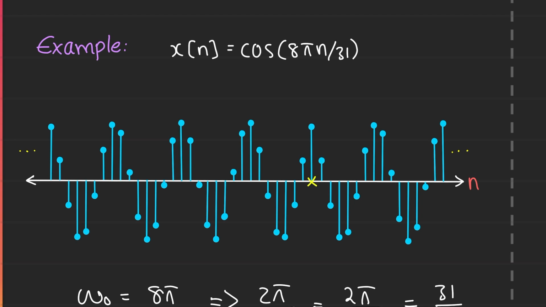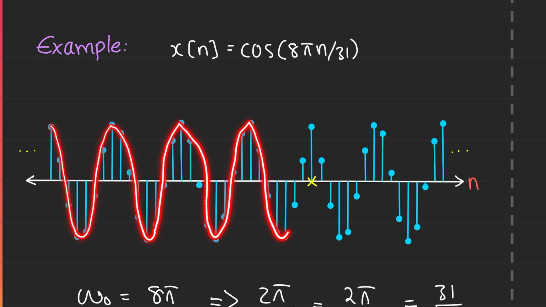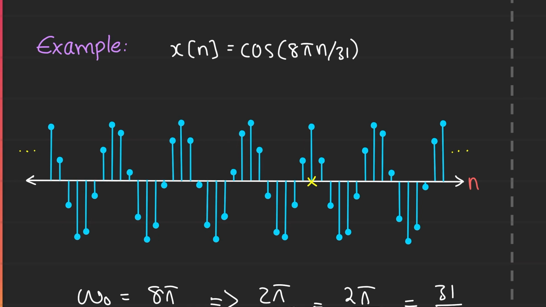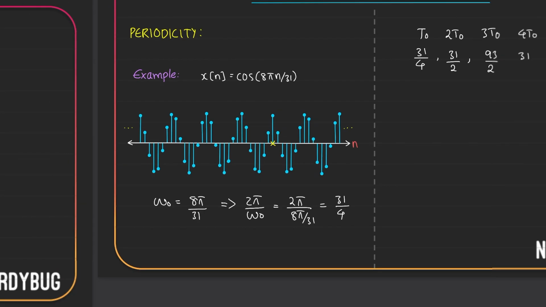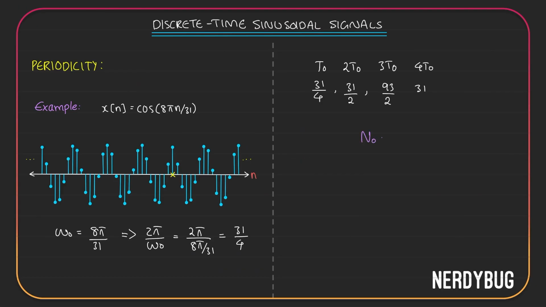Let's see how many cycles they have covered already. 1 cycle, 2 cycles, 3 cycles, 4 cycles. 4 cycles in the continuous time version is 1 cycle in the discrete time version. And if you count these whole things, you can see this is actually the 31st term. Hence, we can conclude the fundamental period of this discrete time signal is not 31 by 4, it is 31.